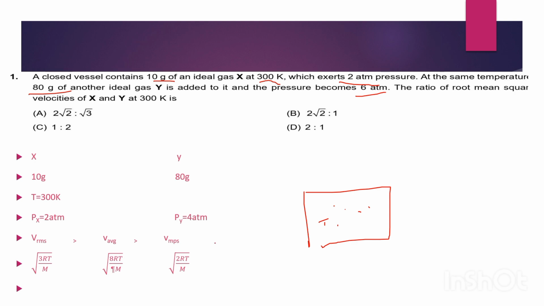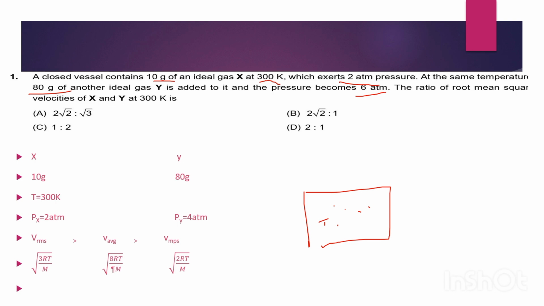Suppose there are 10 molecules moving, so we just calculate the speed of 10 molecules and average it. Then it's the RMS, root mean square speed. It is when we square the velocities of each molecule and take the root. It turns out to be greater than average.